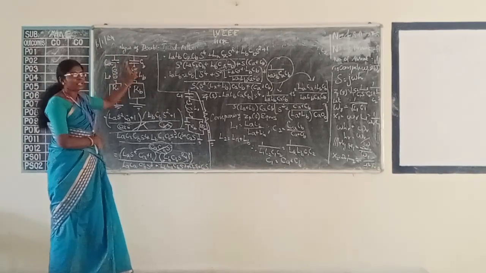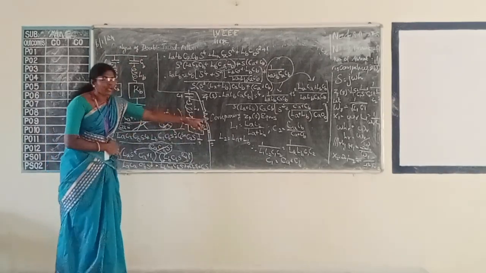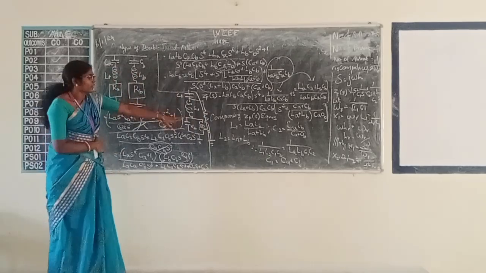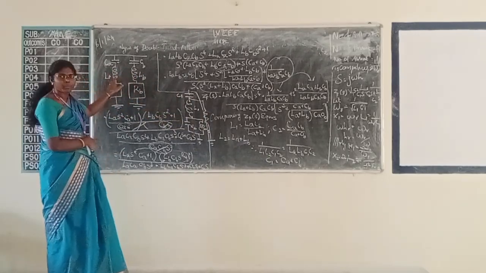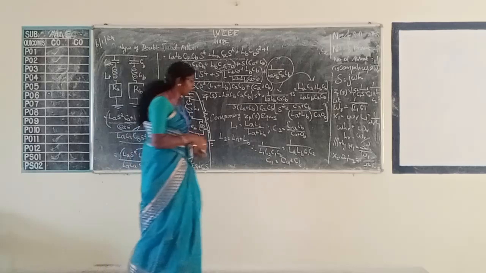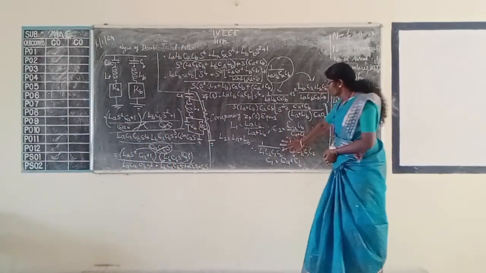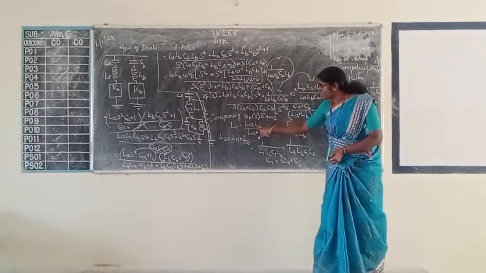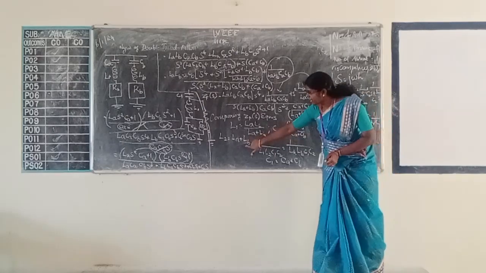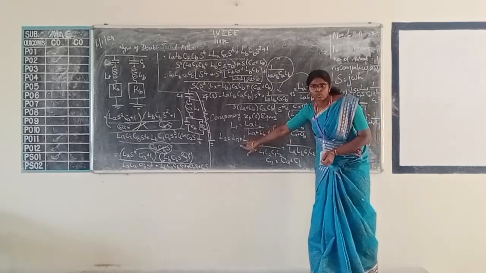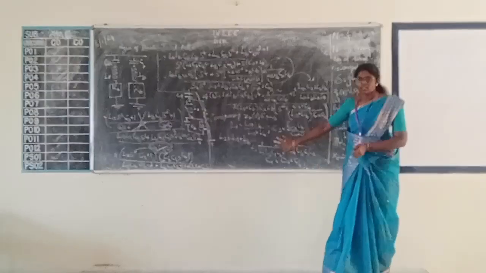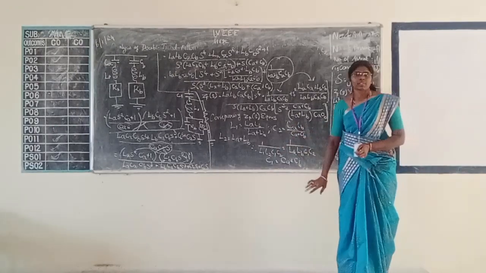And what is for L1? It is LA plus LB. That is L1 equal to LA divided by LA plus LB. Sorry, for L2 that is LA plus LB. So these are the expressions.